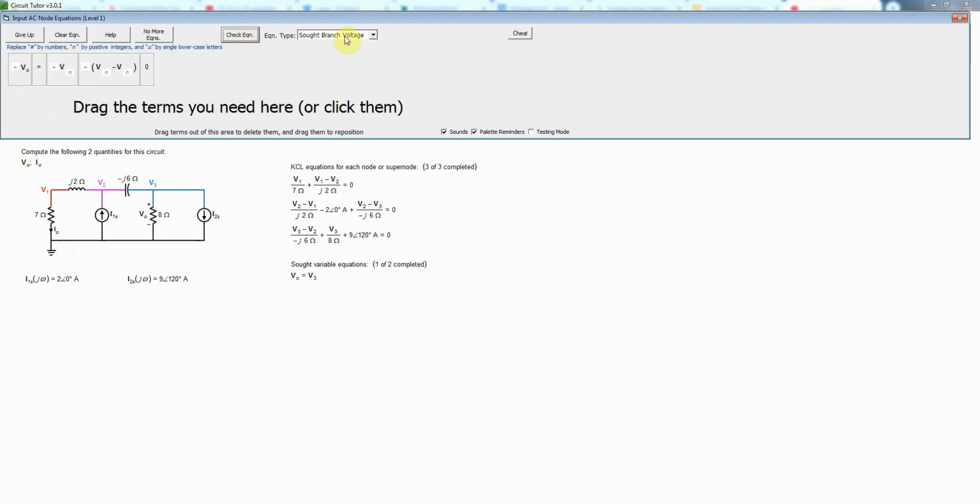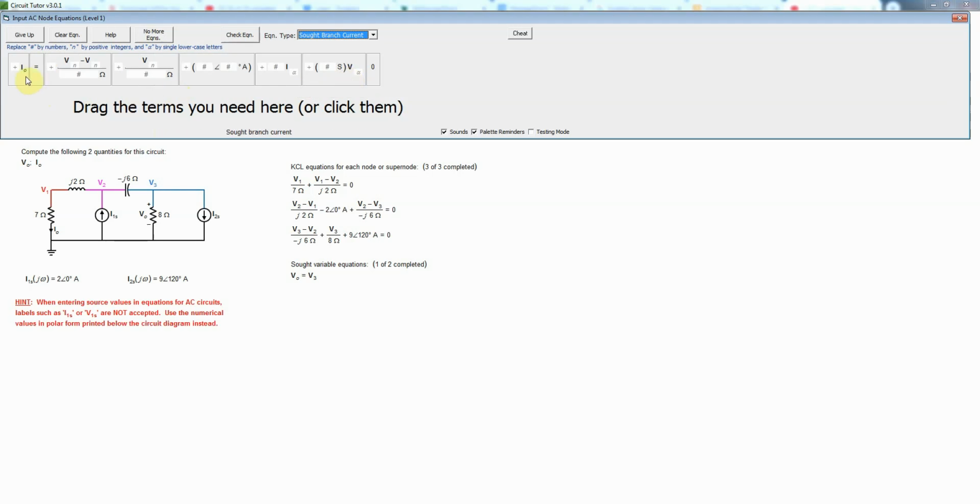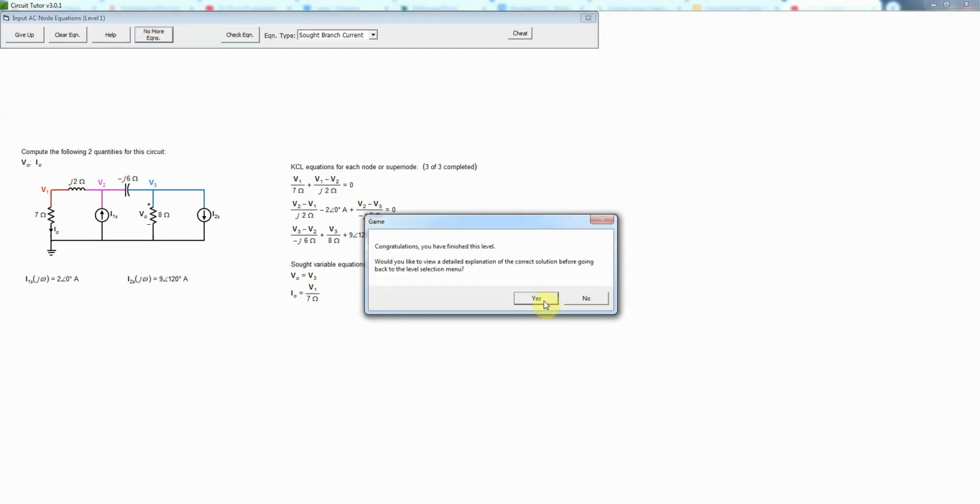And then we need a SOT branch current for I0. Now we're going to use an Ohm's law type of relationship. And I0 is right here, and that would be simply V1 divided by 7 ohms, since it's a resistor. And we're all done. And we just say no more equations.